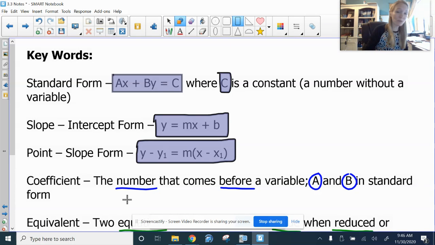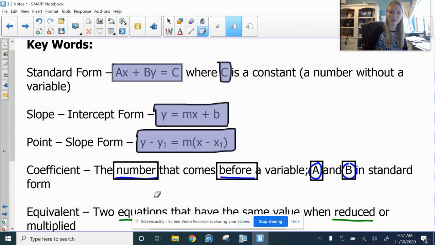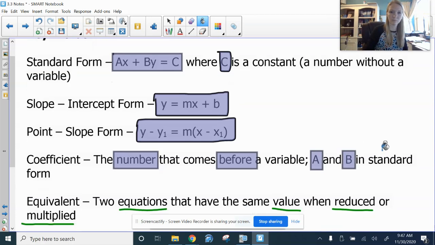So then the coefficient, that's just our number that comes before a variable. So A and B are coefficients in standard form. And then I'll do one more here real quick.